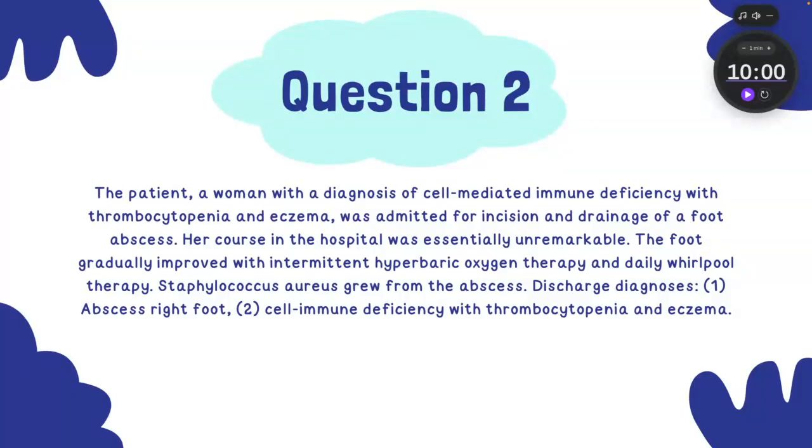The foot gradually improved with intermittent hyperbaric oxygen therapy and daily whirlpool therapy. Staphylococcus aureus grew from the abscess. Discharge diagnoses: abscess of the right foot, cell immune deficiency with thrombocytopenia and eczema.